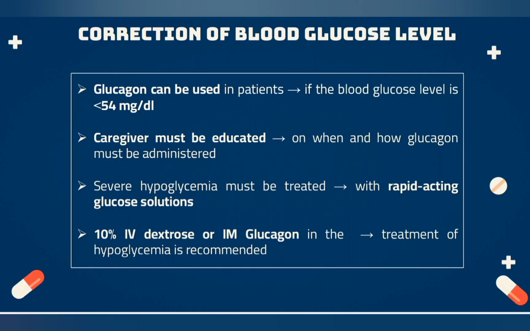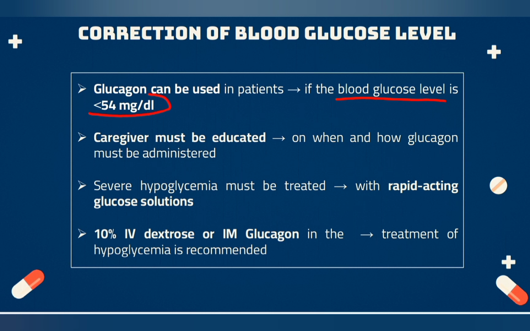There are some other measures to control hypoglycemia. If the blood glucose level is less than 54 mg per deciliter, in that condition glucagon can be given to correct the hypoglycemia. The caregiver must be educated about when and how glucagon must be administered.